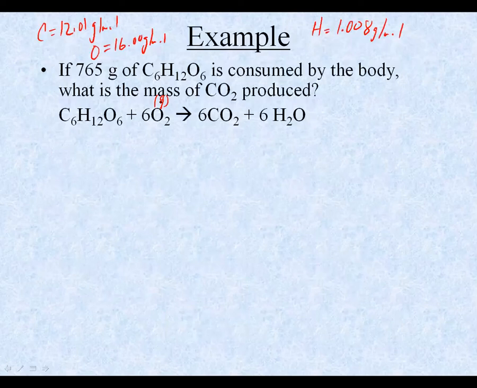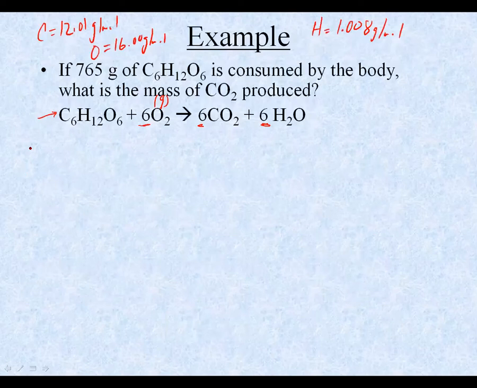Okay, so this is a basic stoichiometry type problem, so you want to follow the same steps. The first step is we want an equation and it's balanced. I see some numbers in here, so it's probably balanced unless somebody's trying to trick us, which hopefully they're not.